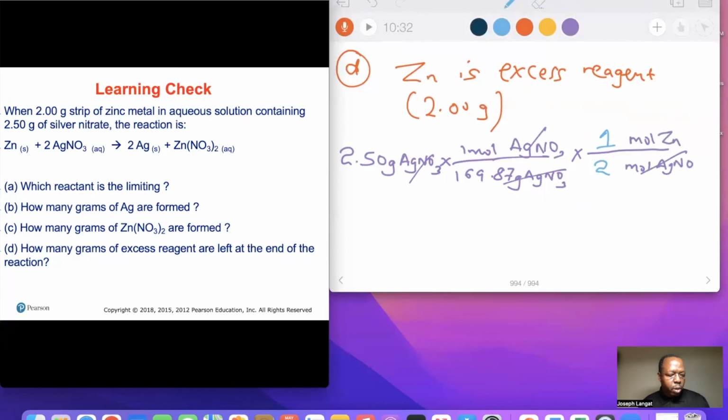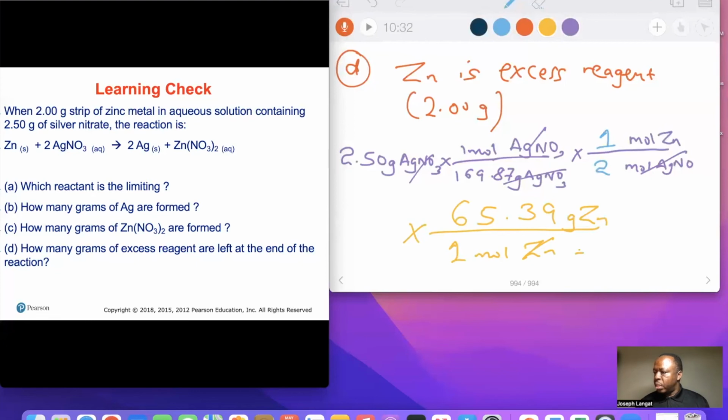We have moles of zinc that will react with the moles of silver nitrate in 2.5 grams. We need to use the atomic mass of zinc to find how many grams will be consumed. This is just the molar mass of zinc, 65.39 grams of zinc. That will cancel.